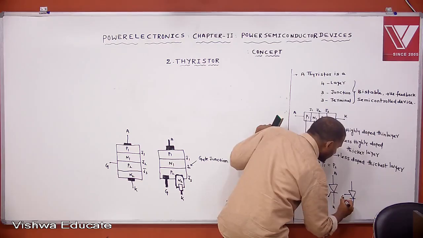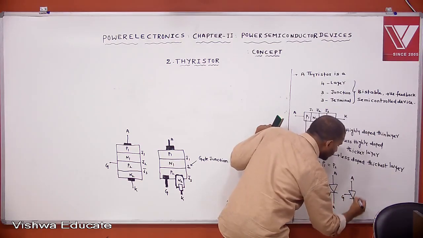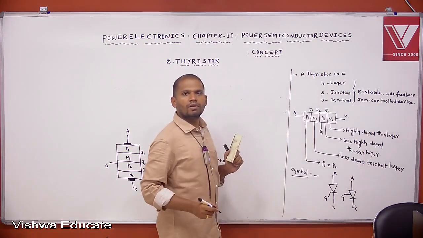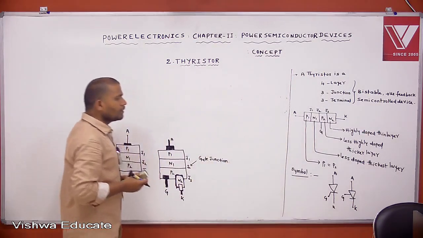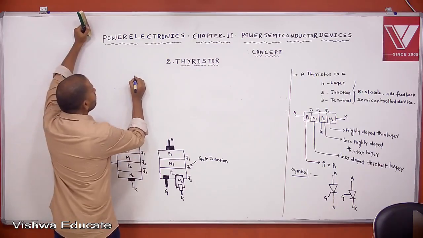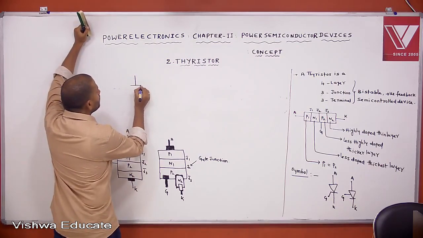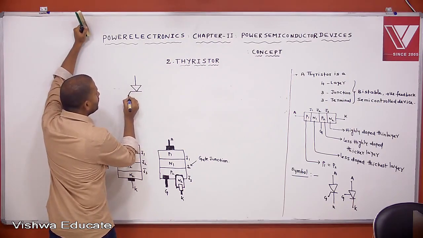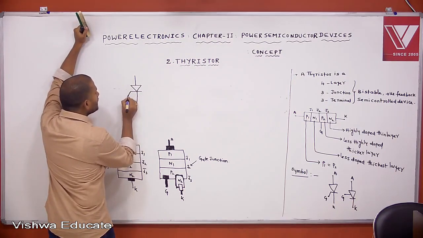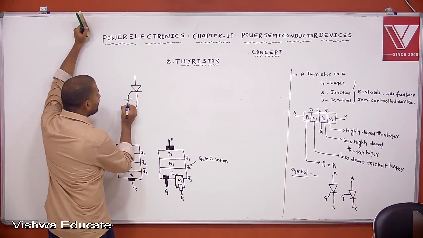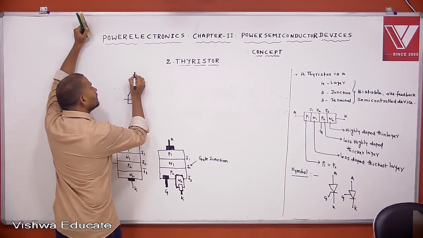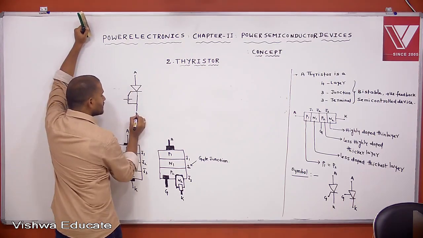This is gate, this is anode, and this is cathode. But the point to remember: always in this representation, the gate is supplied with respect to cathode.